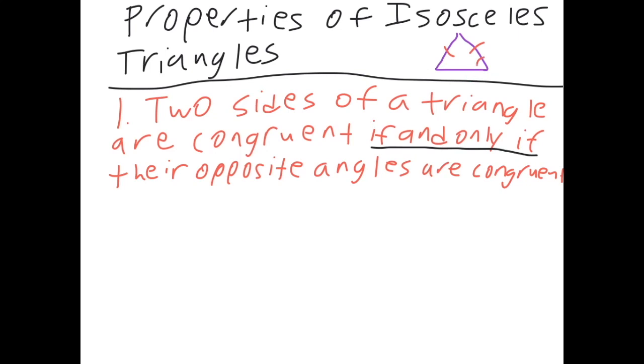And then that angle is congruent to the angle opposite this side right here, which is this one over here. So we now know that this angle is congruent to this angle.